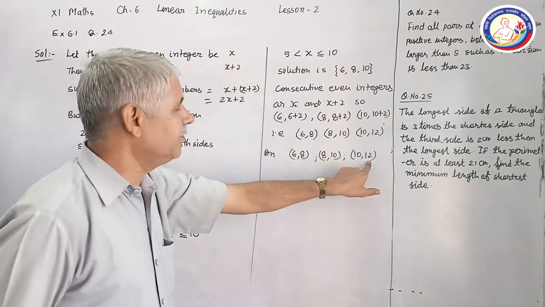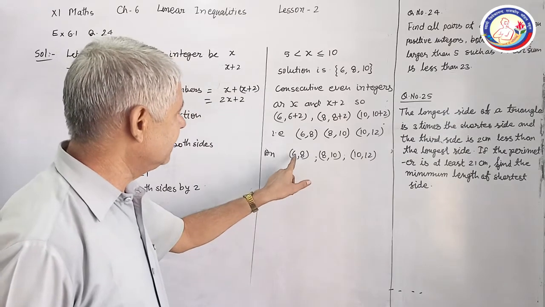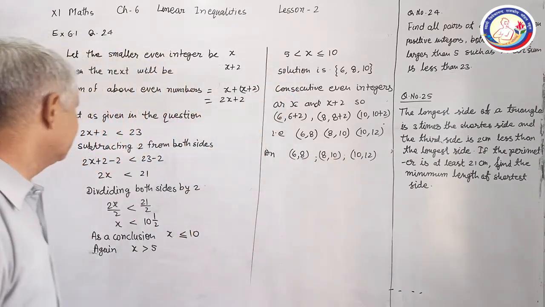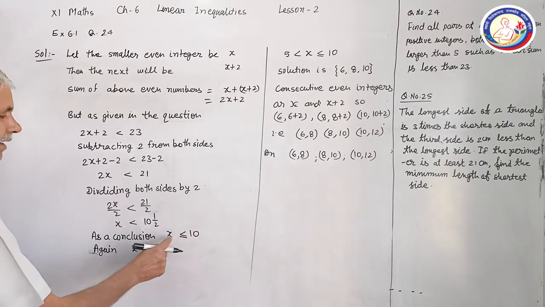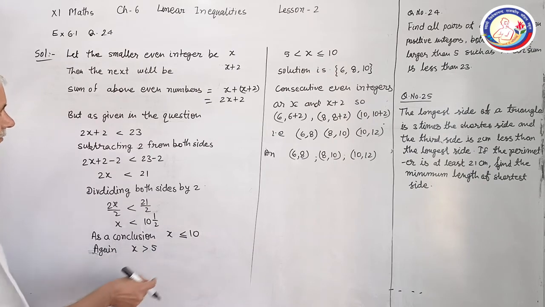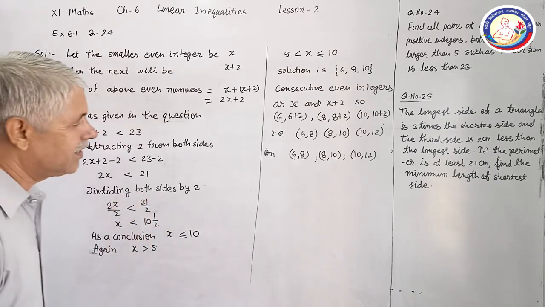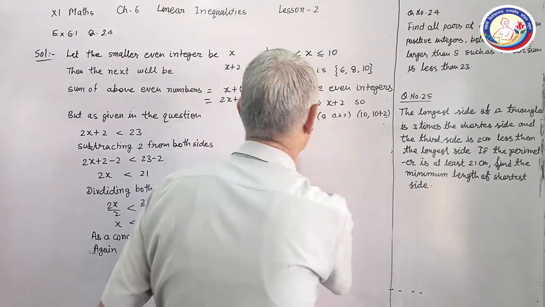So this is also a feasible solution. This is the correct solution. The value of x is 6, 8 and 10. It satisfies all the conditions. So here we can take x as less than or equal to 10, or we can say x is less than 10 and 1 by 2. Both are similar.